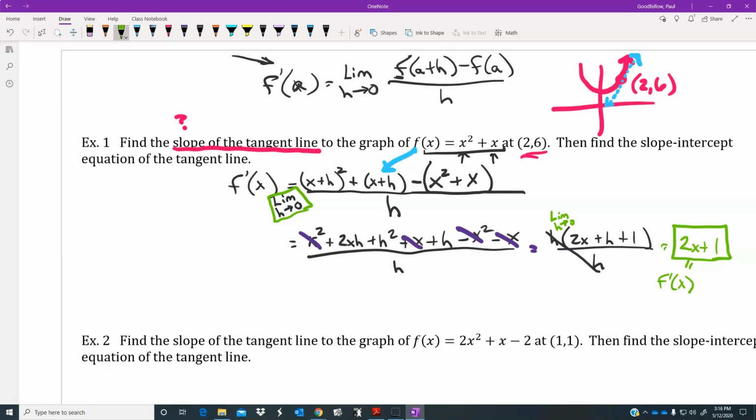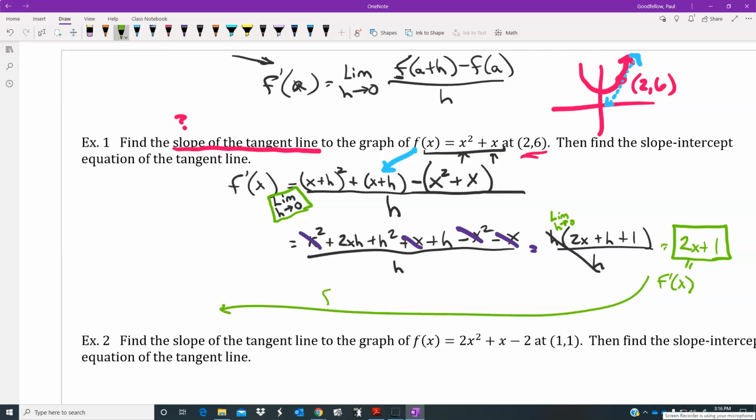Now, what the derivative is giving you is a formula that allows you to find the slope at any given point on the original function. So if you were to pick any point along that function of x squared plus x, and you plug that domain value into the derivative, it would give you the slope.